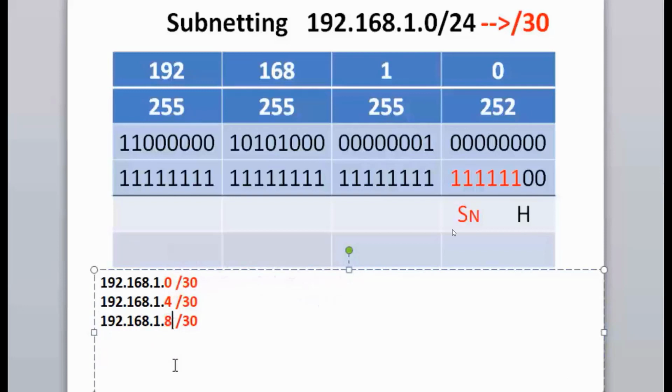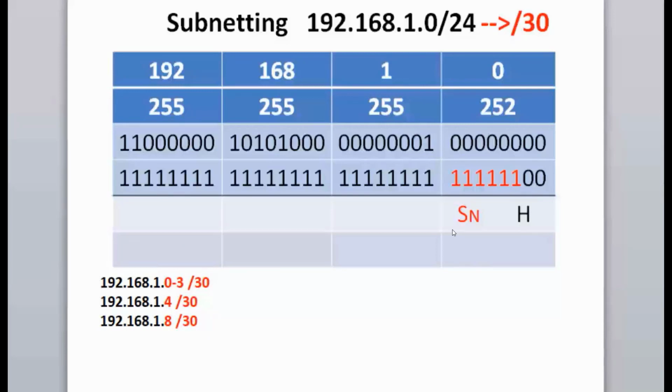Each subnetwork will have 4 host addresses, in this case 0 to 3. 0 will be the network address, 3 the broadcast address, and the addresses between, 1 and 2, will be the usable host addresses. Only 2 usable host addresses in a /30 subnetted network.